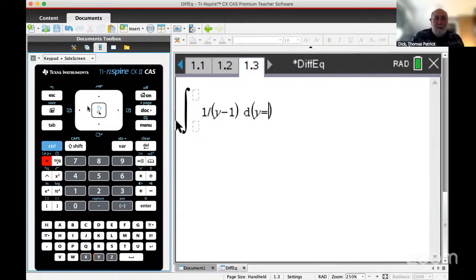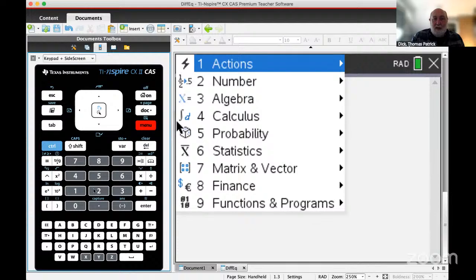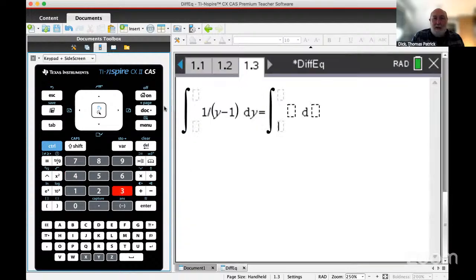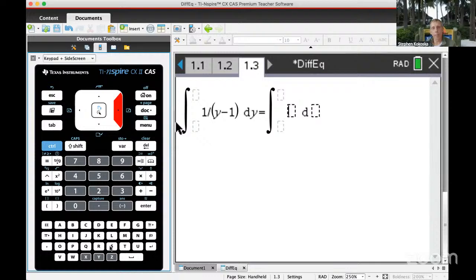Let me get outside of the integral there. Okay, gotcha. Now I'll pull up another integral. So I'll go back to my calculus menu, pick up integral. And again, these are totally symbolic. I think this side was just sine of x dx. Correct. Yep.